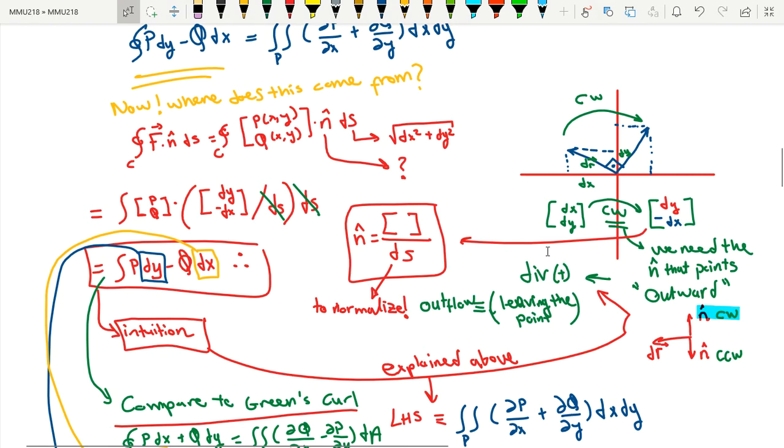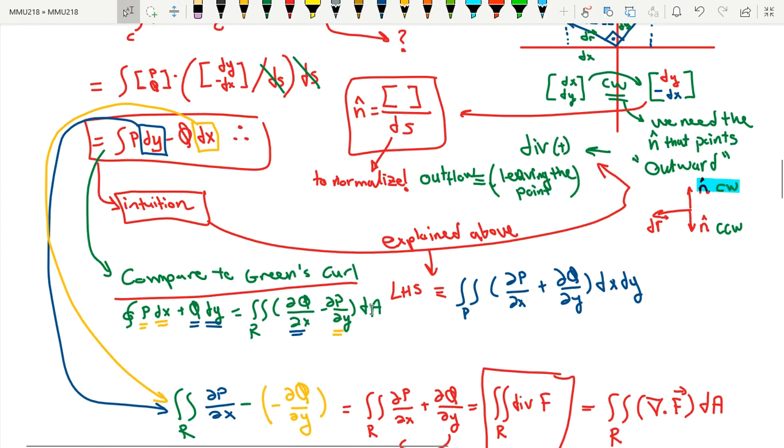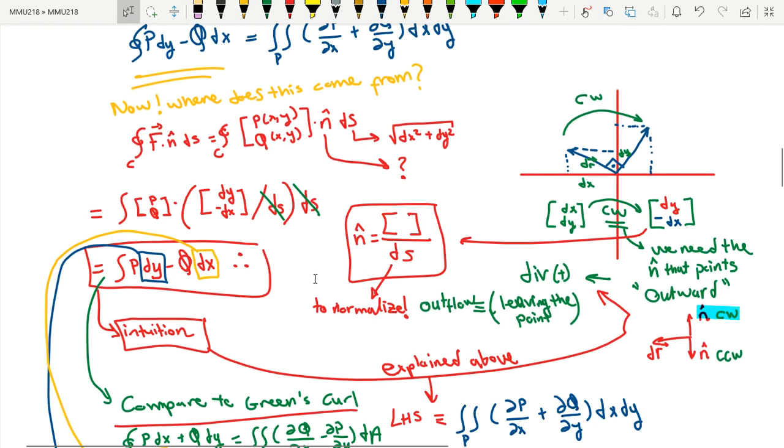So this is the intuition where this divergence comes from, but how it is actually represented. Now if you put this n in, instead of n, if you write dy and minus dx over ds, because I normalized it with ds, this ds with this ds will cancel out, and this dot product is just simply P times dy minus Q times dx.